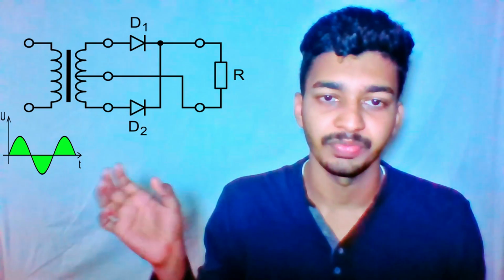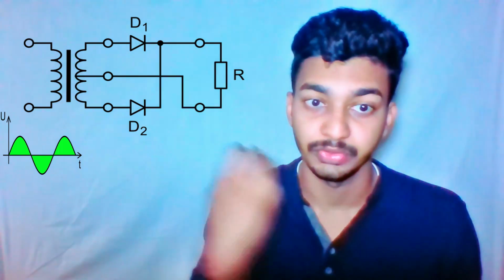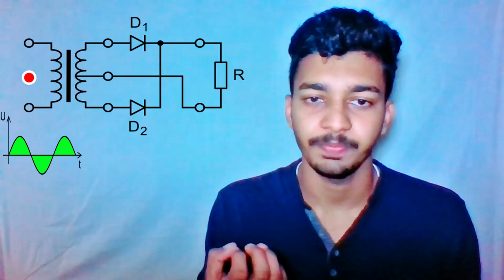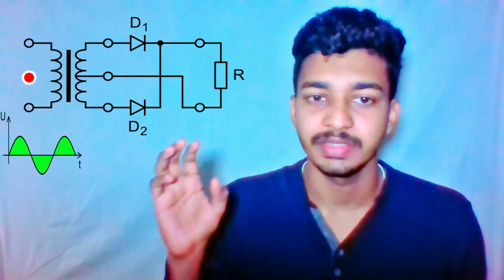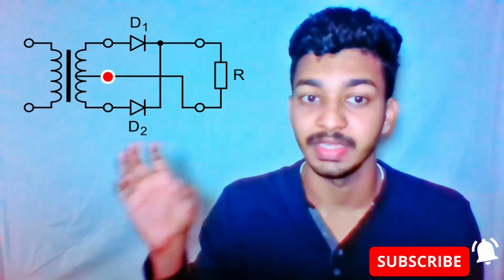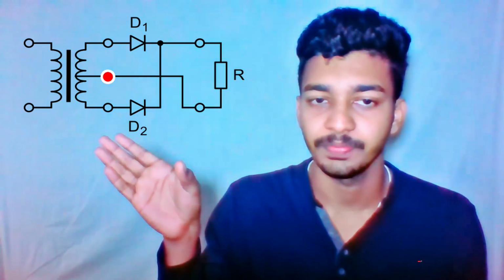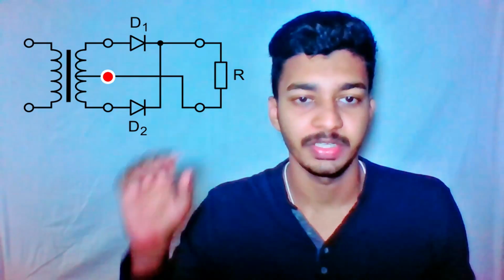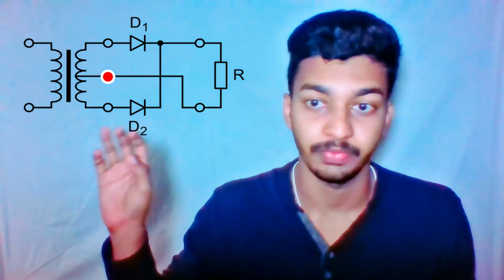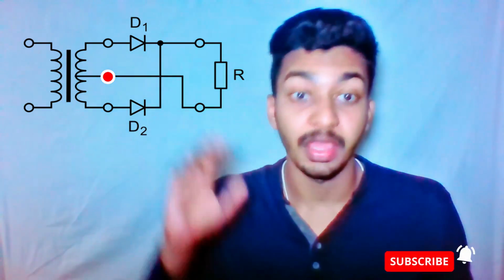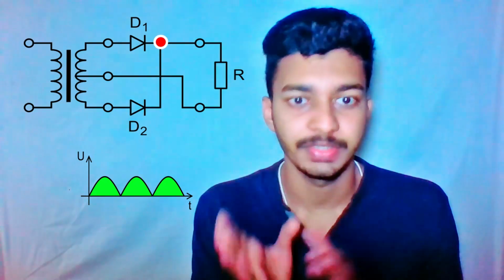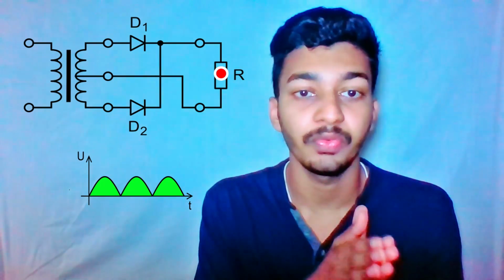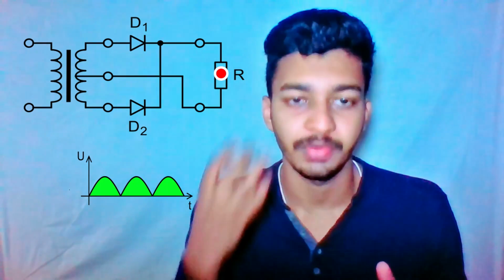Okay, so what's happening here is the 230 volt. If we want a 12 volt DC supply, the 230 volt from the main source is stepped down to a 12 volt AC supply by using this transformer, and the output of the transformer is connected to a bridge rectifier which is made of diodes, and from the bridge rectifier output we can take a 12 volt DC supply, and that's how we are generating DC from an AC source.